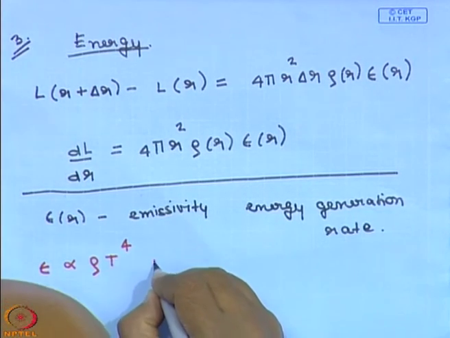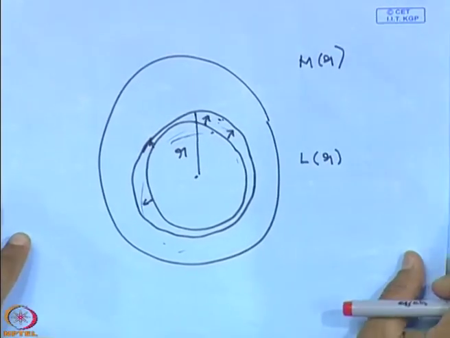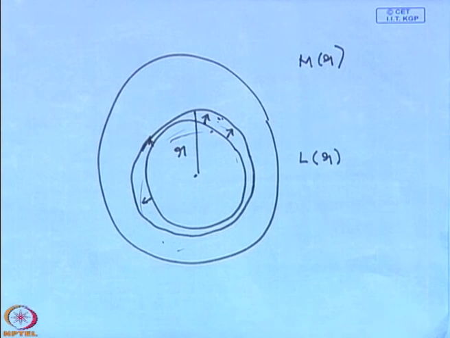The energy generation mechanism in any star is through nuclear burning. That is the only source of energy generation.